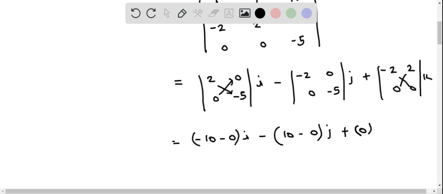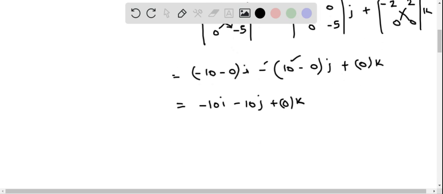So overall, this is 0 times k. So this equals negative 10 minus 0 is negative 10. So it is negative 10i. And this is positive 10, but we have negative in front. So we will have negative 10j, and, I'm sorry, the k component is 0. So we can put this as 0 times k vector.